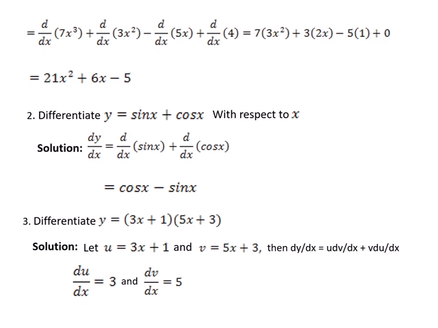That's why differentiation of 7s raised to power 3 is 21s squared, that of 3s squared gives us 6s, and that of 5s gives us 5, which is 21s squared plus 6s minus 5. So that is the answer.